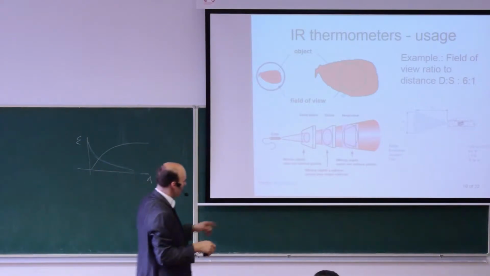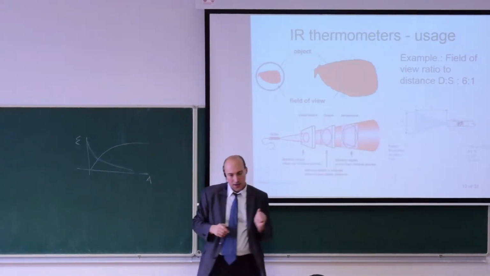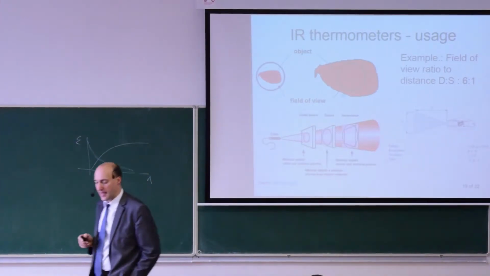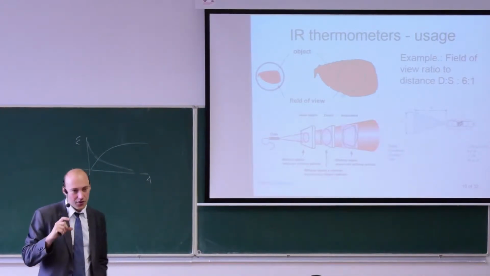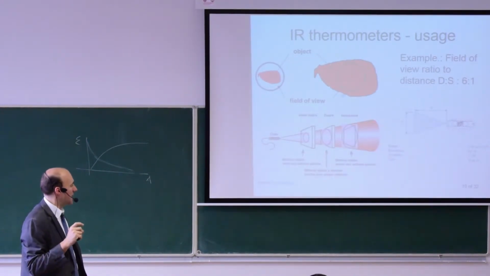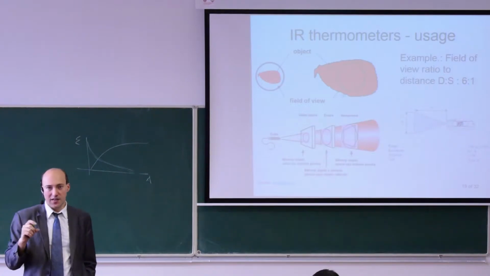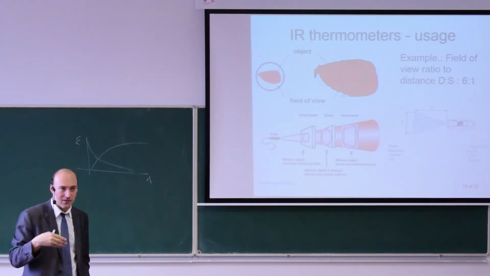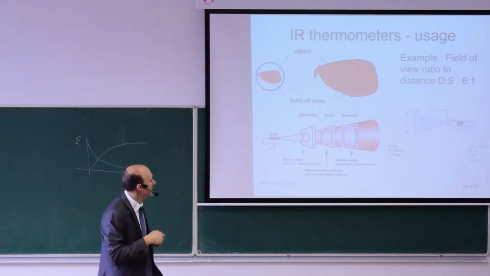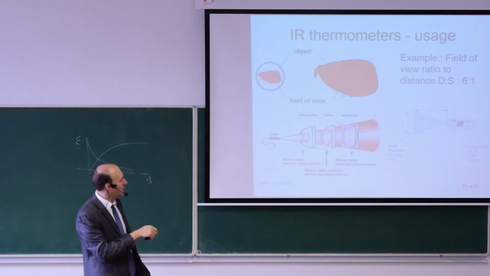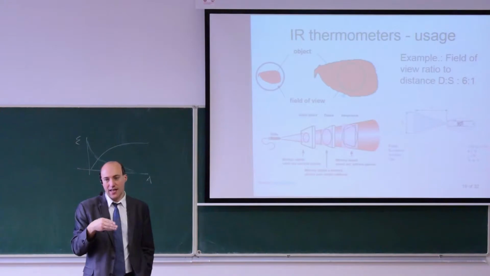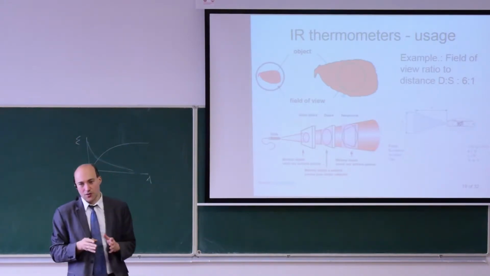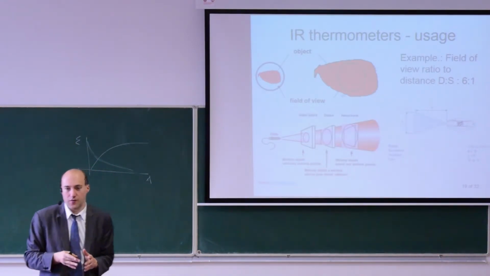The situation that is shown in this picture can be correct as well. It means that the field of view is the same size as the object, but here it depends on the object material and on many other conditions, such as whether the temperature of the object is the same on its entire surface.